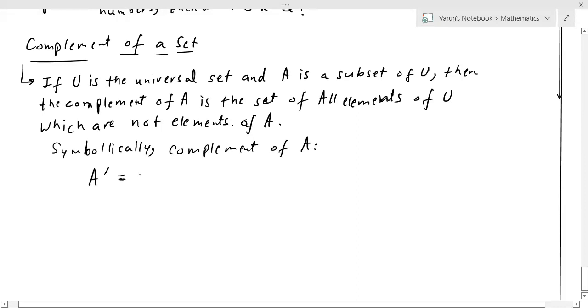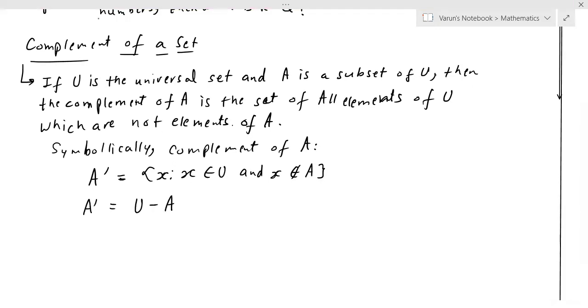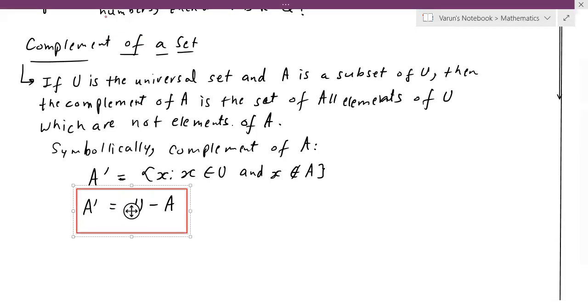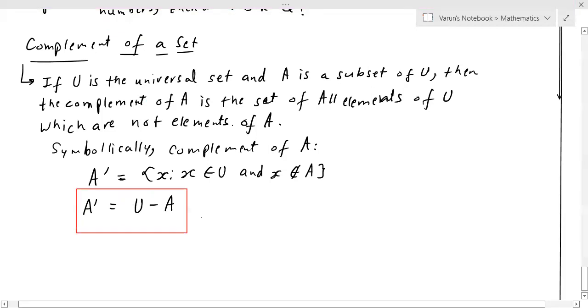A prime is equal to X, where X belongs to U, the universal set, and X does not belong to A. You can also say that A prime is basically the universal set minus A. That way also you can write. So let's look at some examples.